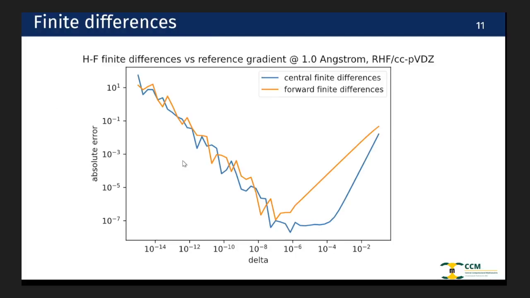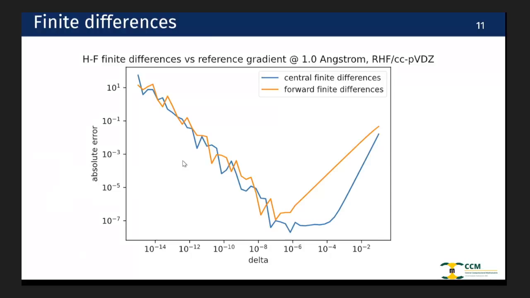And this is actually the superposition of two sources of error. You have this line, right? For very small displacements, delta, and this is the numerical error.